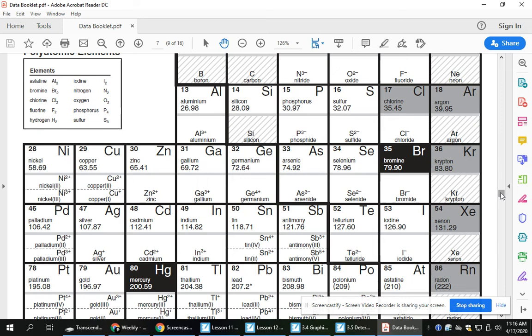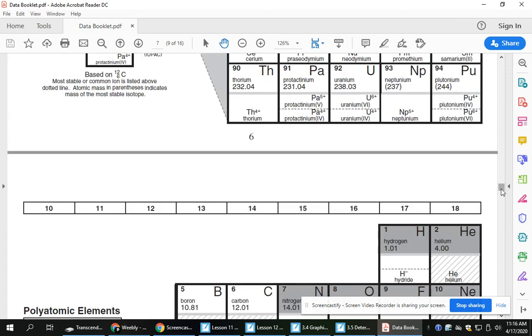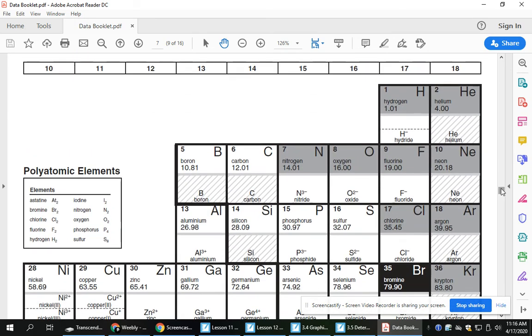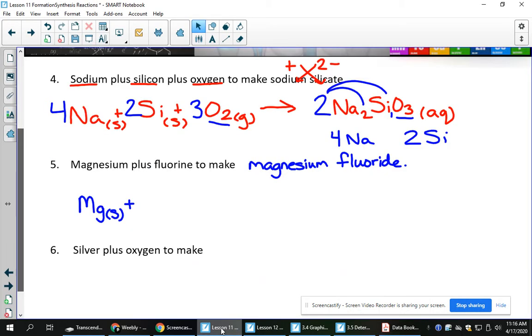It's F2. The state of fluorine, I see in the box, the background is gray, so that's a gas. So I'm going to write F2 gas. Leave a little space so that you can put the number in front when we get there.